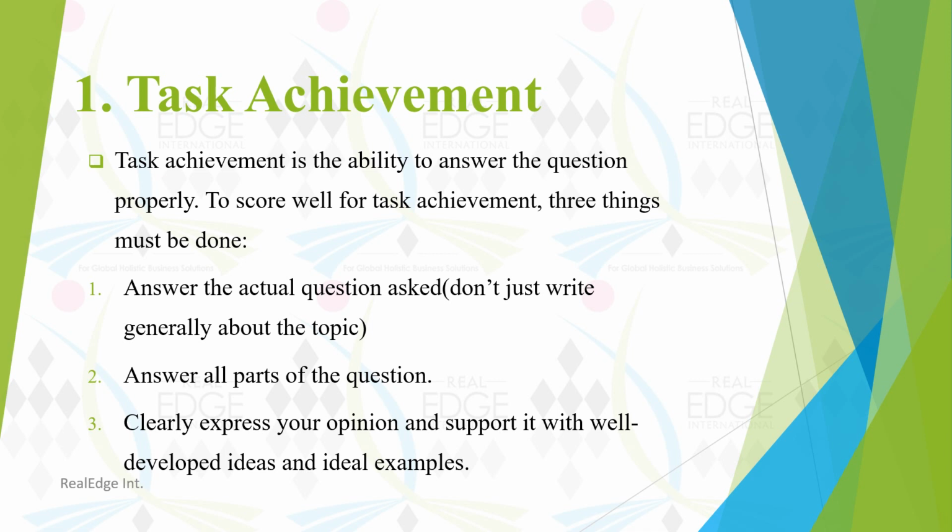No, you answer the actual question. Number 2, you must answer all parts of the question that you have been asked. And finally, number 3, you need to clearly express your opinion and support it well with developed ideas and ideal examples.